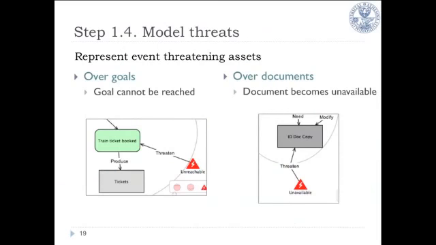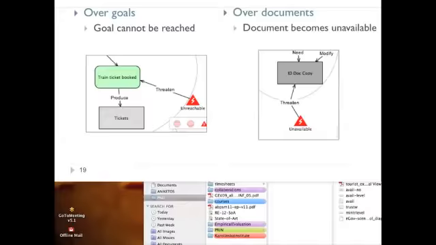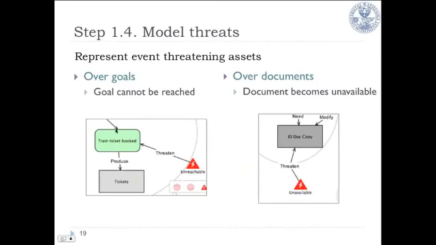But as I mentioned in the beginning, we also want to see whether there are certain events in the setting that could affect the well-functioning of the system and would affect the interactions among actors. We express these events as threatening goals actors want to achieve, or documents they might need or possess to achieve their goals.